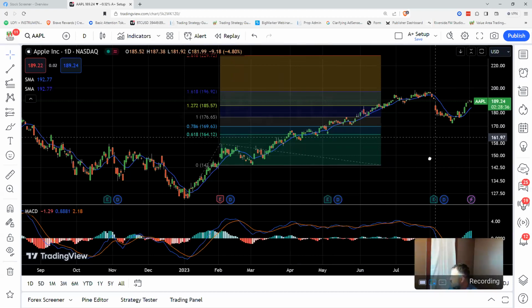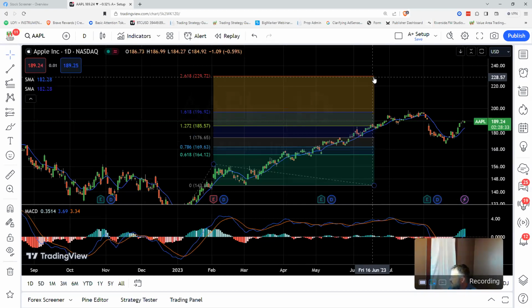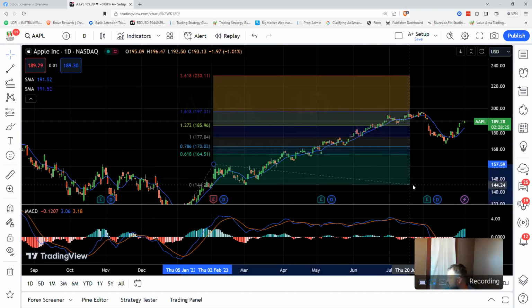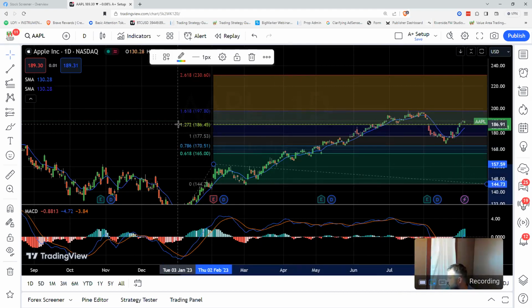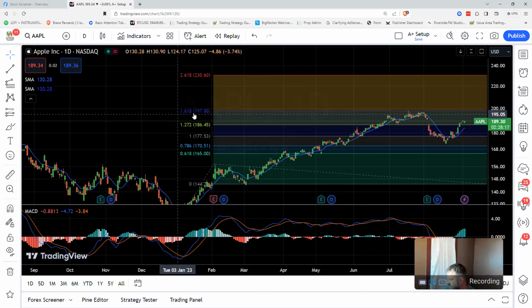These are all potential targets. And then the last target is the 2.6, and there's even more than that. The numbers keep going, but you could put a target all the way up here. So you could go for a really big target. I usually like to go to the 1.2 or the 1.618 as a target. And look, that went right to the 1.618, and then it went down.